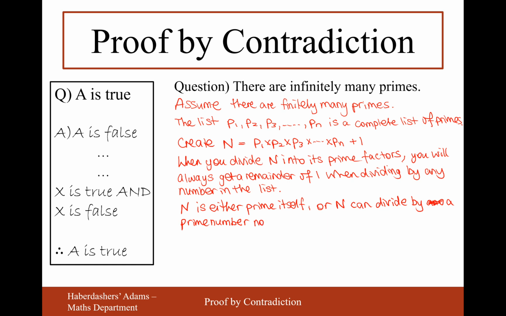And either of these two options, either n is prime itself or there's another prime not in the list, will contradict the idea that the list is a complete list of primes. So what we can therefore say is that the list is not complete.